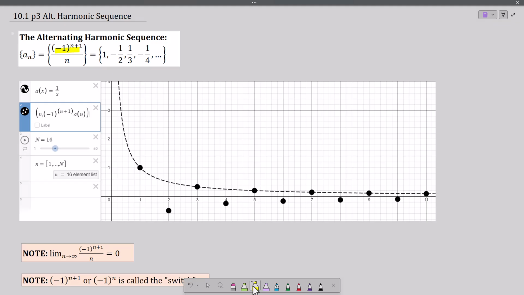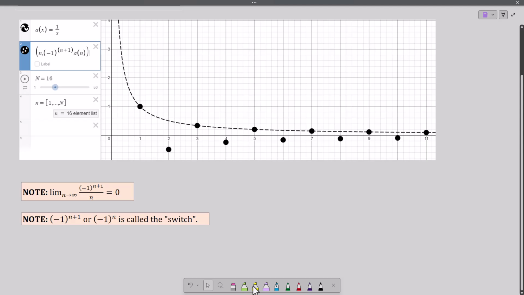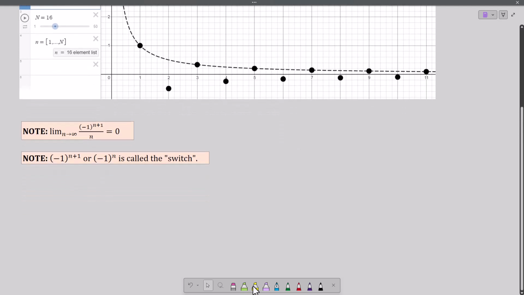And if you think about some of the things we've talked about with limits of functions, the numerator here is bounded. The numerator is either negative 1 or positive 1, but the denominator is increasing towards infinity, so that's going to force the fraction values to go to 0. Right? If the numerator is bounded, if it's trapped between, in this case, negative 1 and 1, and the denominator keeps getting bigger, the fractions have to get smaller.